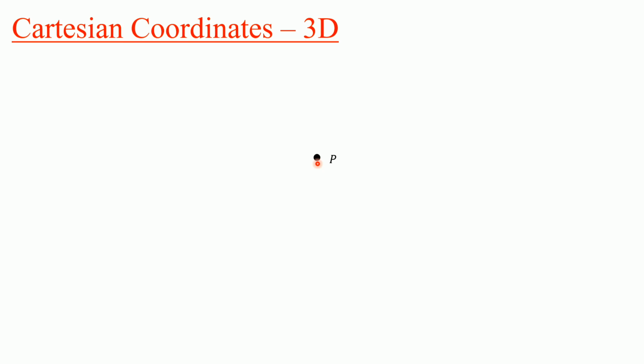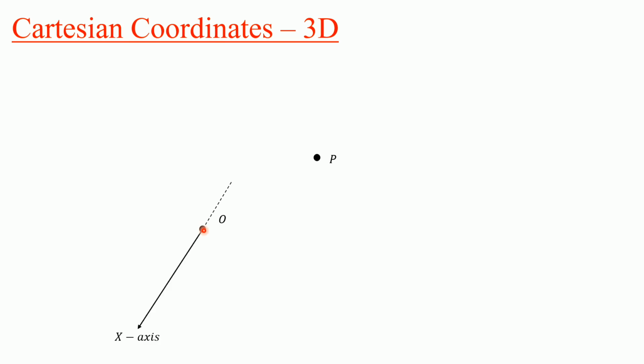We are going to give its location or coordinates with respect to, let's say, this point O. Now here we are going to draw a cuboid or a box, that is a generalization of a rectangle in 3D, such that one vertex is P and the diagonally opposite vertex is this point O.